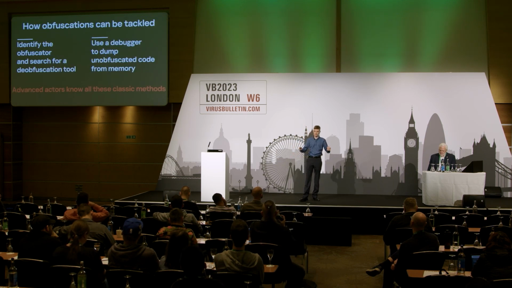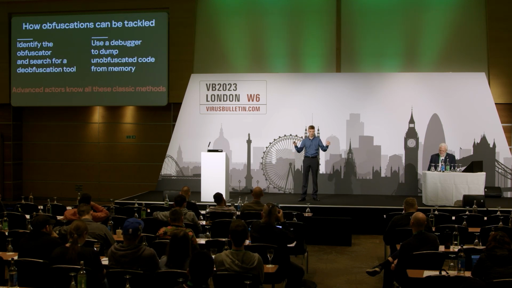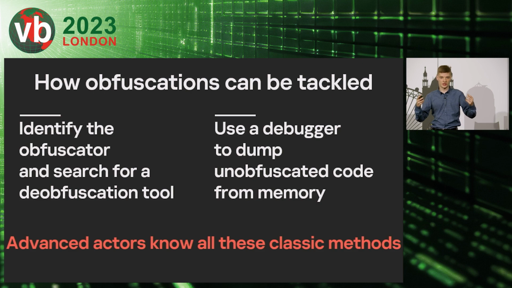When it comes to dealing with obfuscation or packing, there are some methods that you can use. For example, you can identify the obfuscator used, and you can search Google for a tool that will do everything for you. Another way is to try to launch the malware and dump its process at a lucky time, hoping to find unpacked code there.